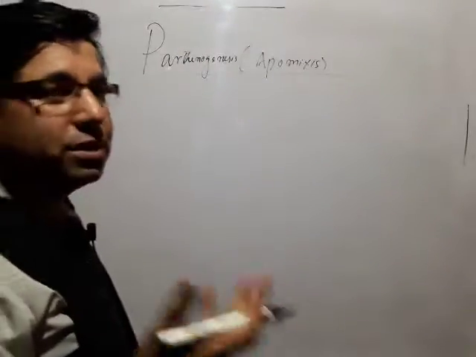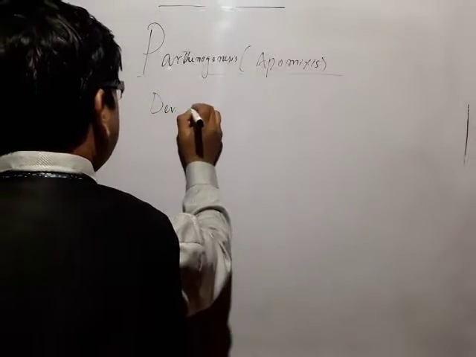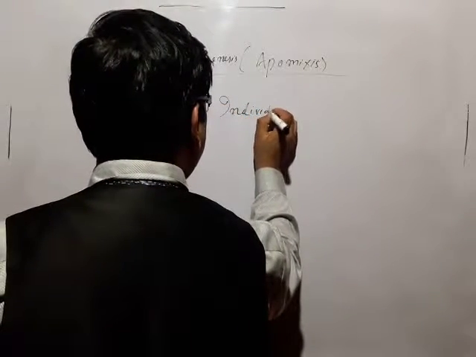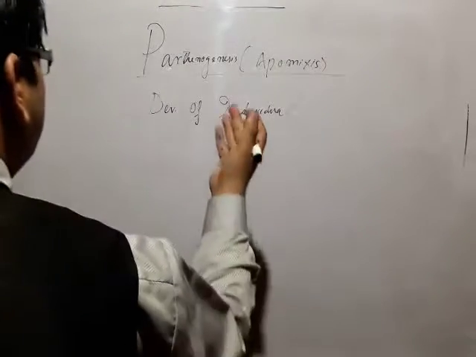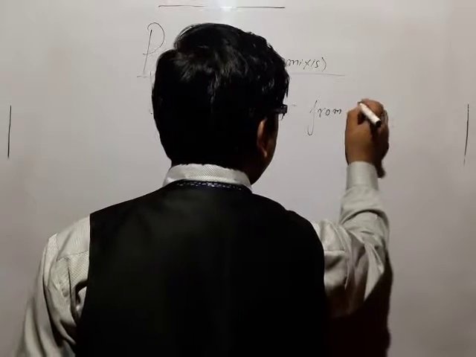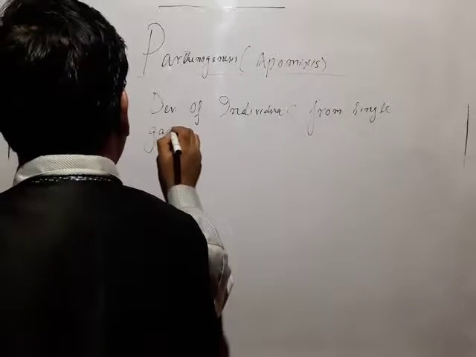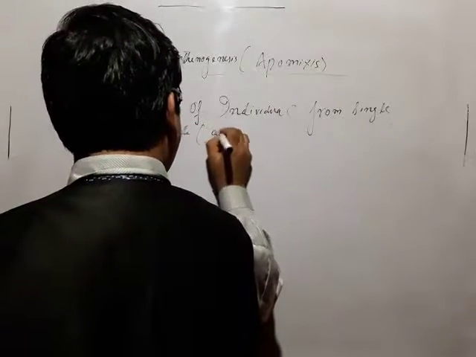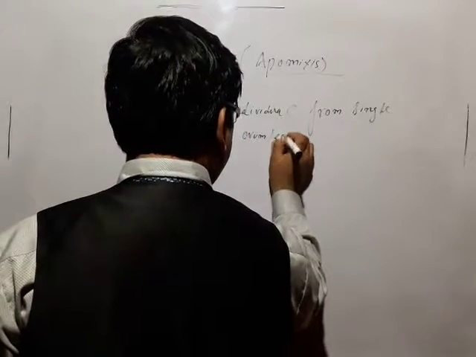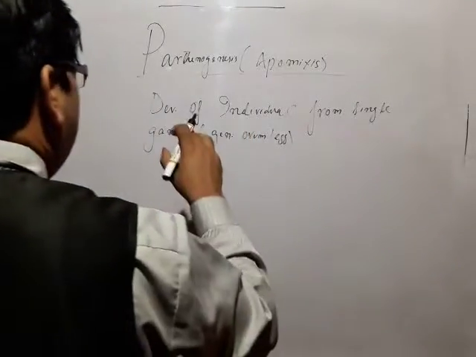Now what is apomixis actually? This is the development of an individual from a single gamete, and it is generally known that the gamete is the ovum or egg, meaning the females play more part in parthenogenesis than males because of their tendency.